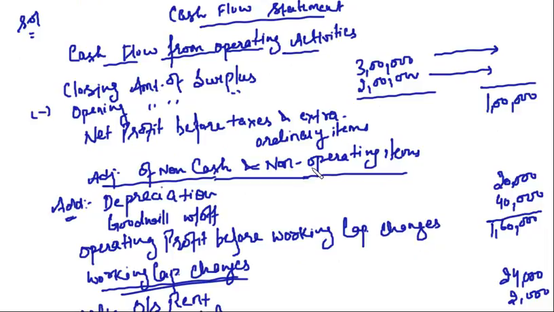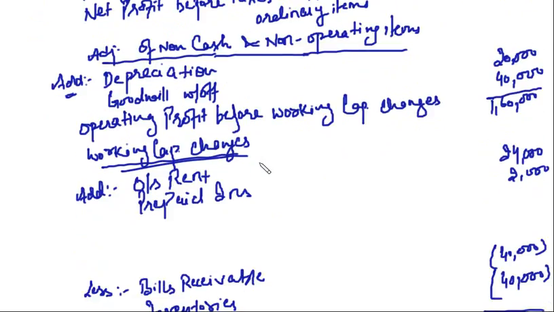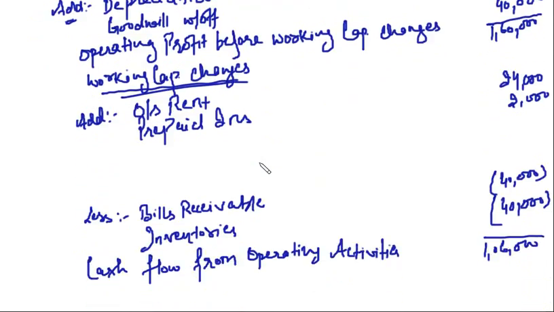It's just that you should be clear about which items are to be included in the non-cash, non-operating items, which items are to be dealt with in net profits, and which items are to be dealt with in working capital changes. Clear? I hope this problem is clear to all of you. Right? So this is our cash flow from operating activities.